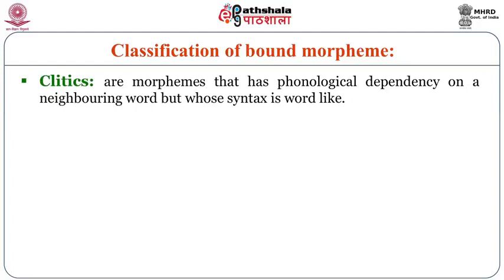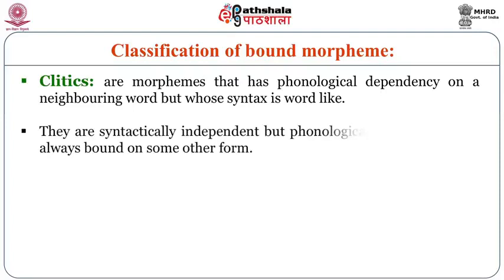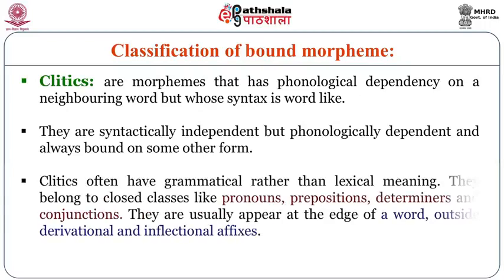Clitics. They are morphemes that have phonological dependency on a neighboring word but whose syntax is word-like. They are syntactically independent but phonologically dependent and always bound on some other form. Clitics often have grammatical rather than lexical meaning. They belong to closed classes like pronouns, prepositions, determiners, and conjunctions.